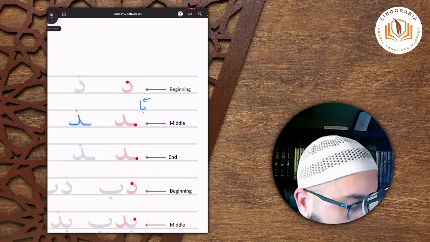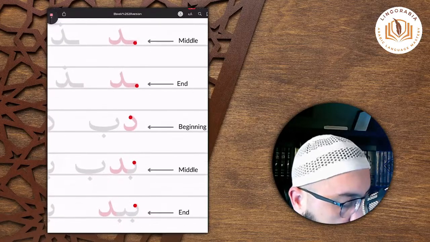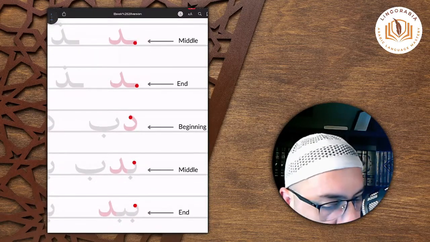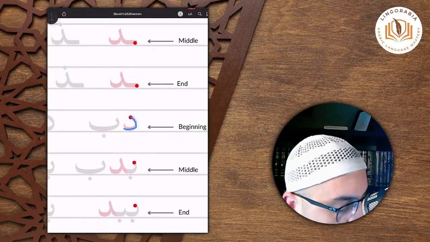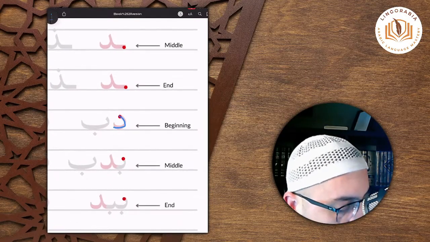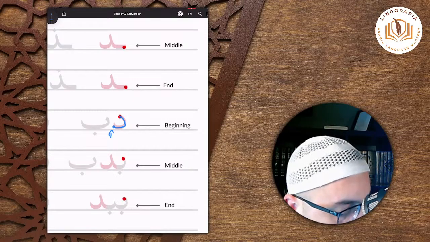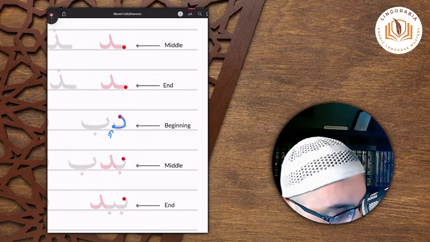Now let's see how they are written in a construction. You see the dal in the beginning. Now you cannot connect it here, so you have to release the pen at this point and restart the ba.